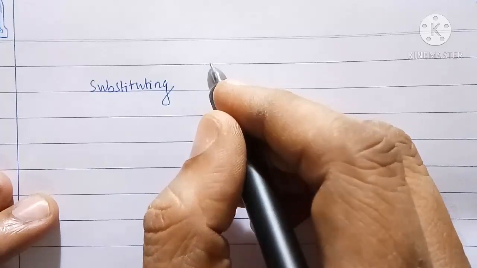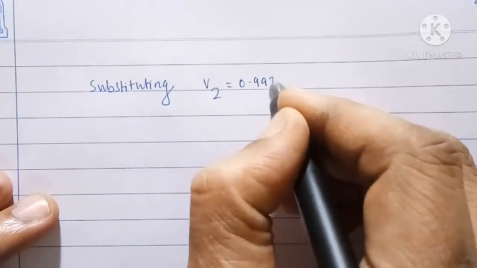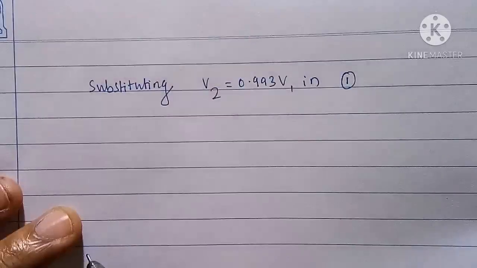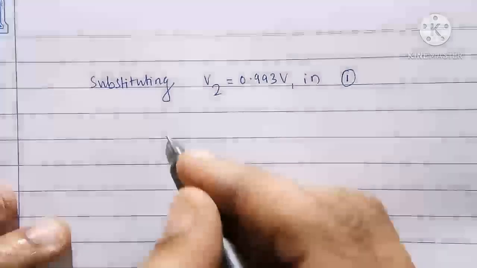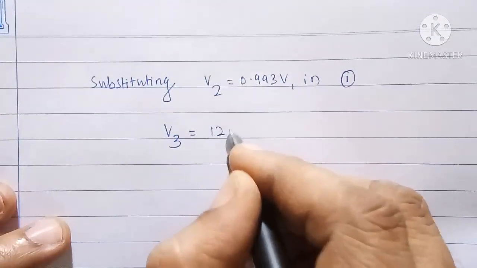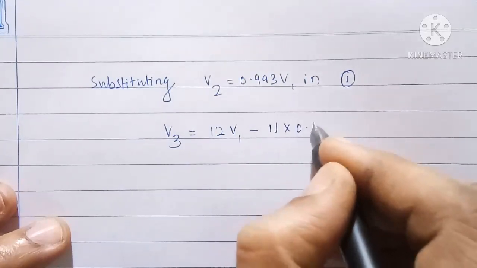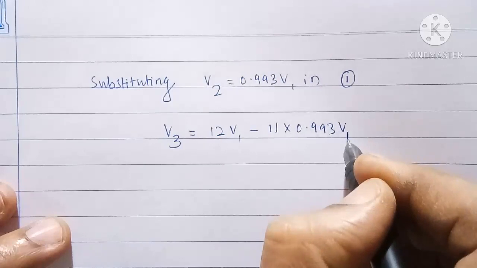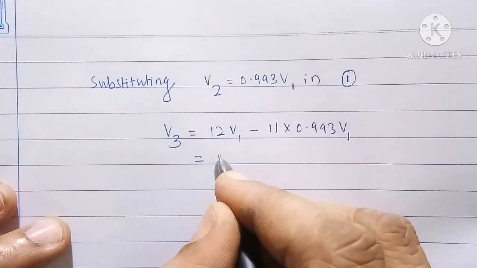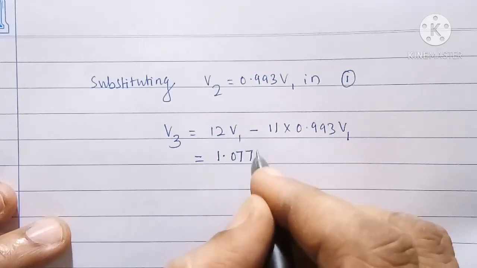Substituting V2 equal to 0.993 V1 in equation 1, we get V3 equal to 12 V1 minus 11 into 0.993 V1. On simplification, we get V3 equal to 1.077 V1.